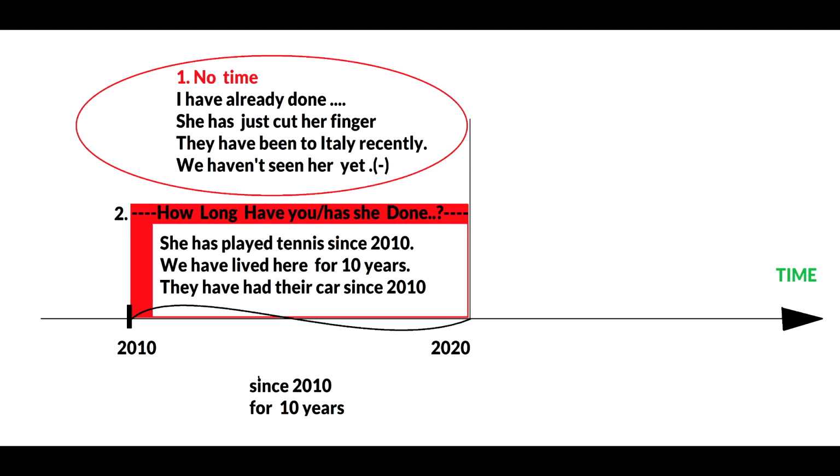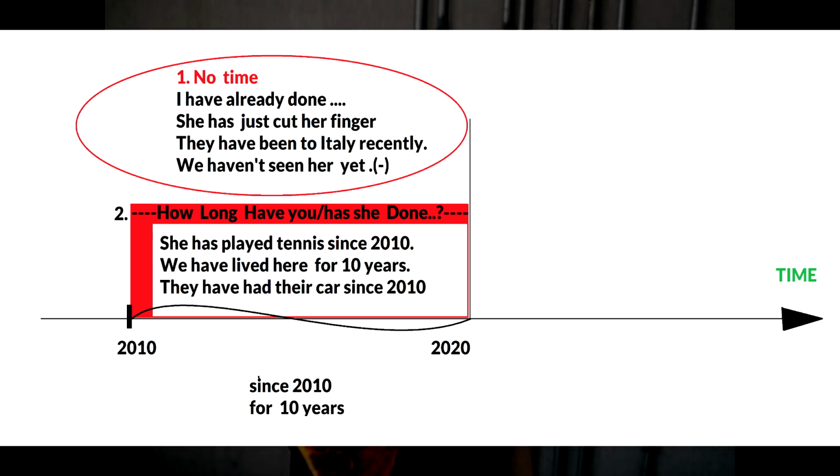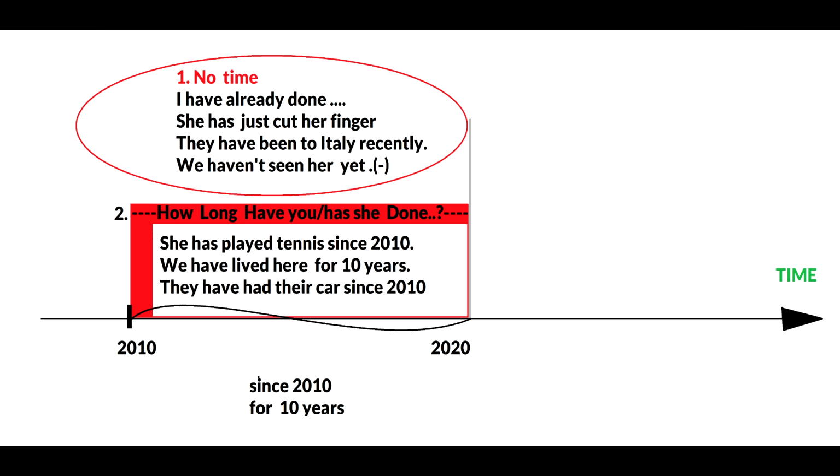The second part in present perfect uses how long, an action from the past till now. So there's a connection between then and now. How long is the first thing we start a question with. We say, how long have you been? How long have you done? How long have you met? And you use since and for to answer it.